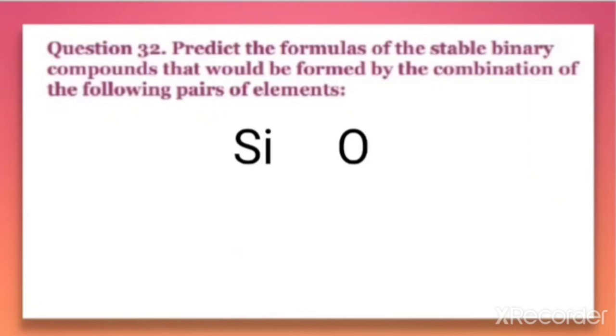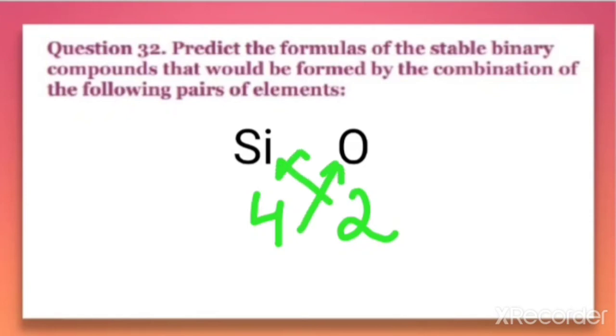Si and O. Silicon belongs to group 14, so 4 is the valence electron, which is nothing but its valency. And oxygen belongs to group 16, so 6 is the valence electron, and 2 is the valency. Now when you crisscross it, you will get the formula Si2O4.